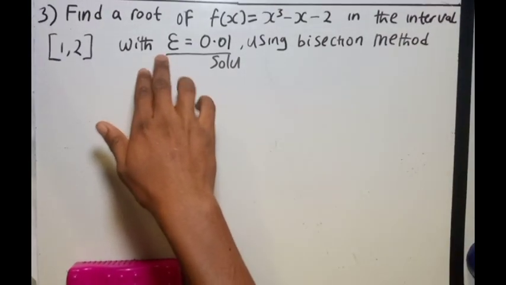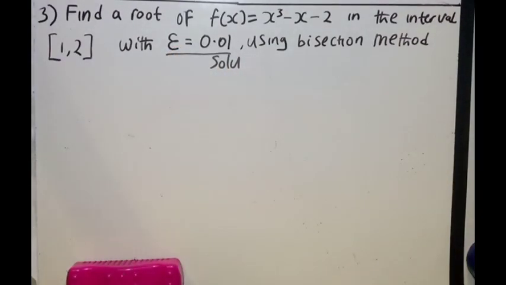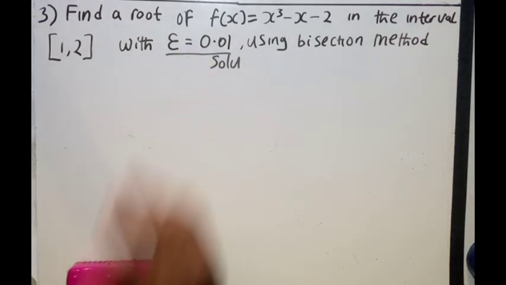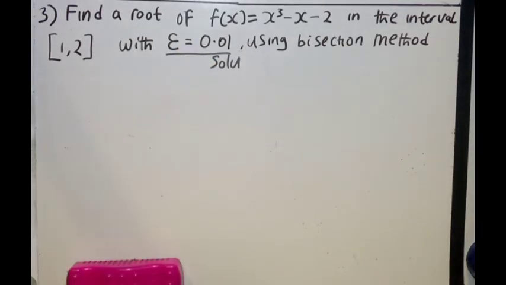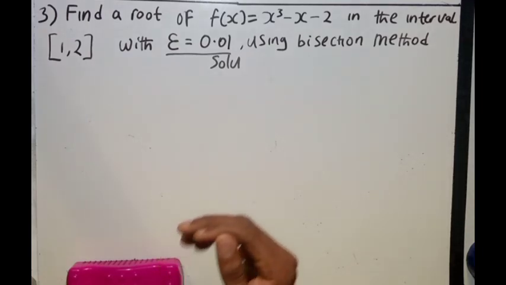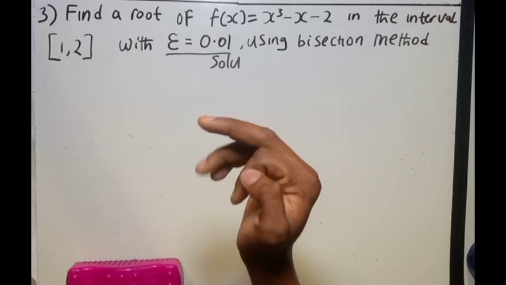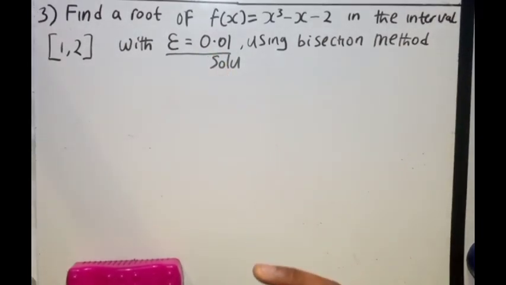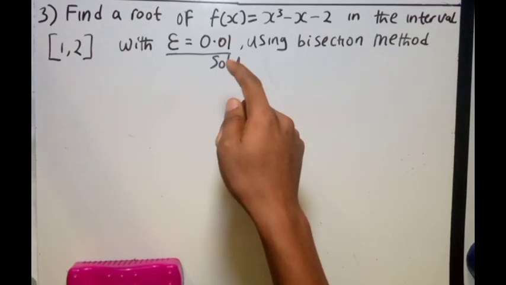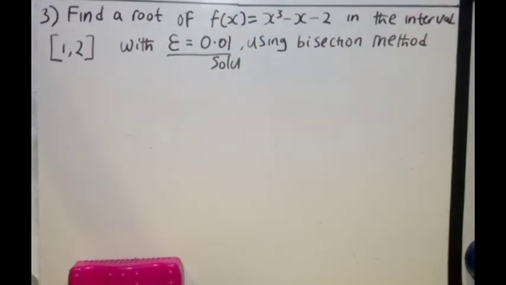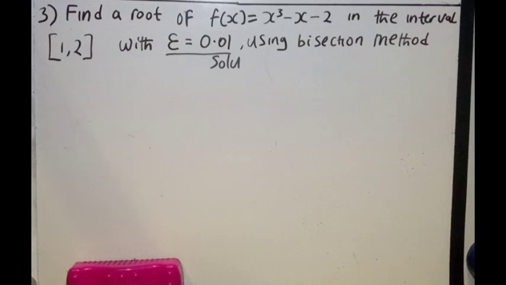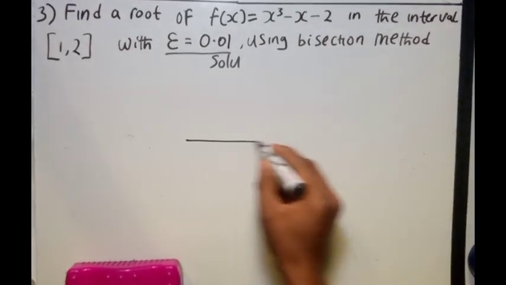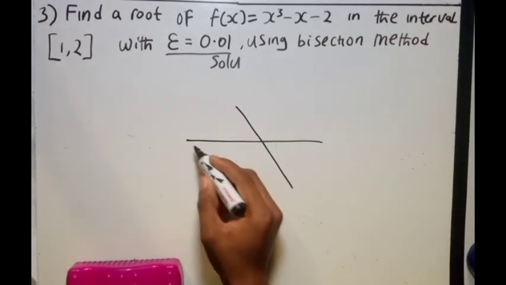But for us to understand what this tolerance factor means, this simply means that if you are getting a value, it should be minus or plus 0.01 ahead of the previous answer gotten.